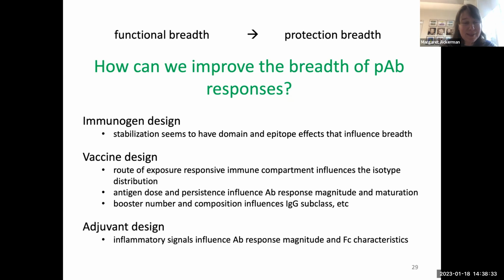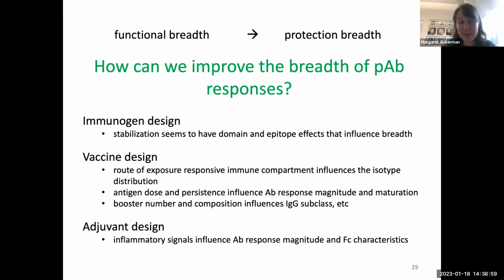Other experiments have elegantly shown antigen dose and persistence, so the timing longitudinally of antigen exposure influence response magnitudes and characteristics. And the number of boosters and the composition of the vaccine can certainly influence IgG subclass glycosylation. And I think we'll hear more about those concepts from later speakers.